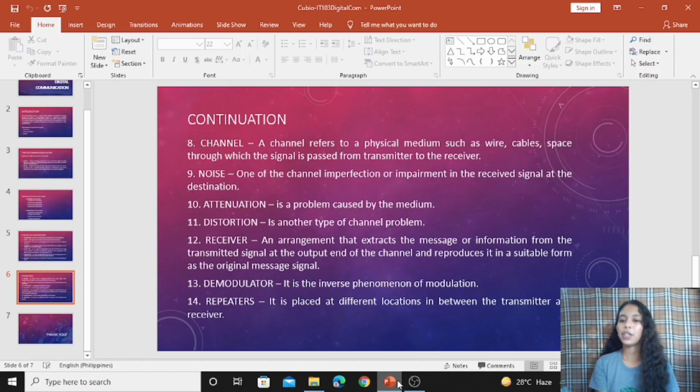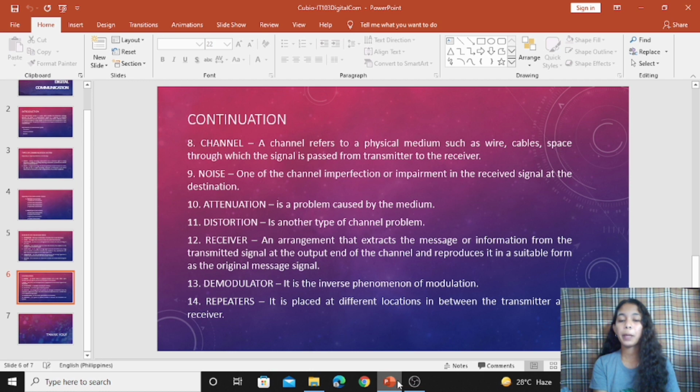Continuation. Channel. A channel refers to a physical medium such as wire, cables, space through which the signal is passed from the transmitter to the receiver. So there are many channel impairments that affect the channel performance to a pronounced level.